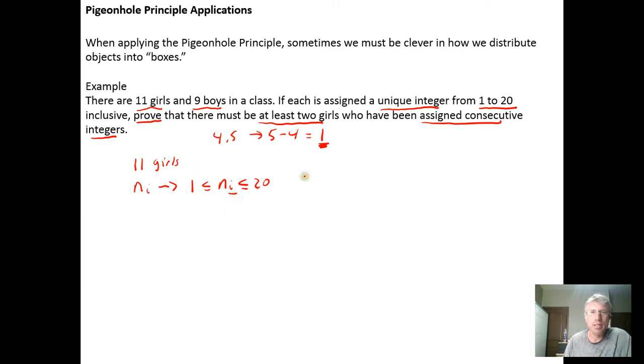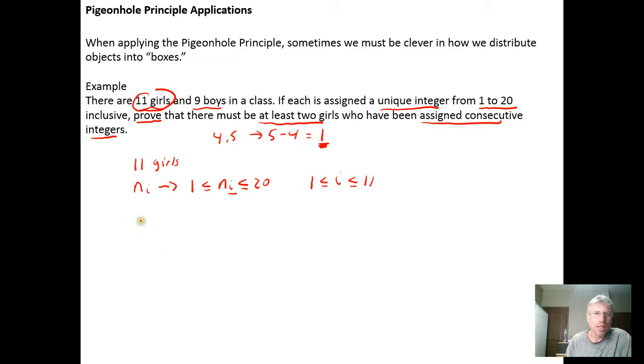So we recognize then that i is going to be a number between 1 and 11 because there are 11 girls. So again, n sub i is going to be the integer between 1 and 20 that's assigned to the ith girl, where the girls run 1 through 11.